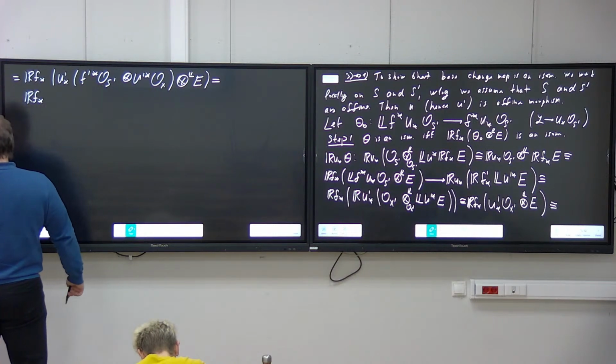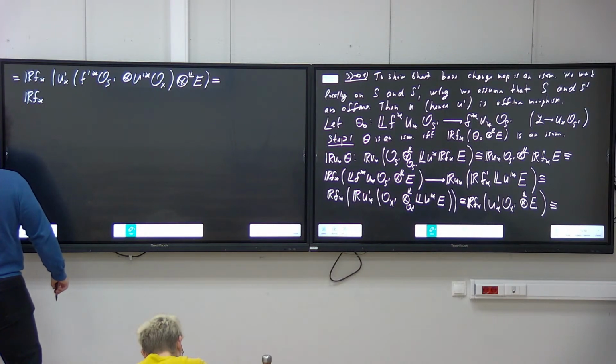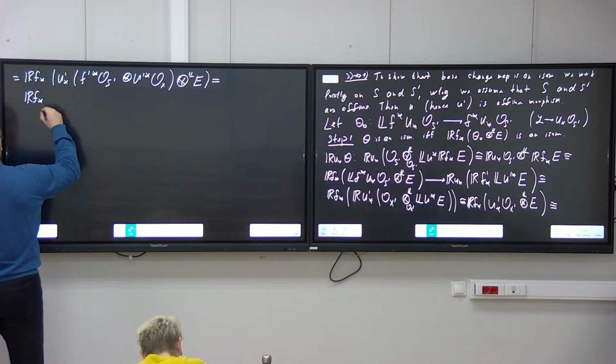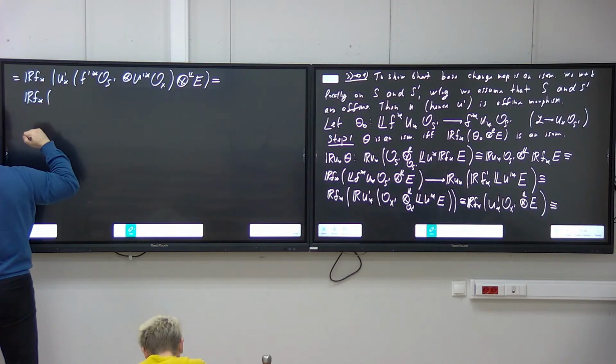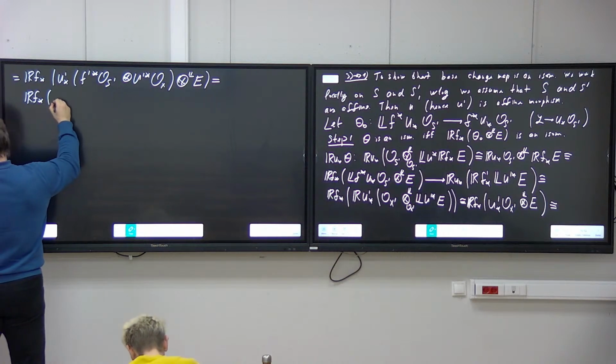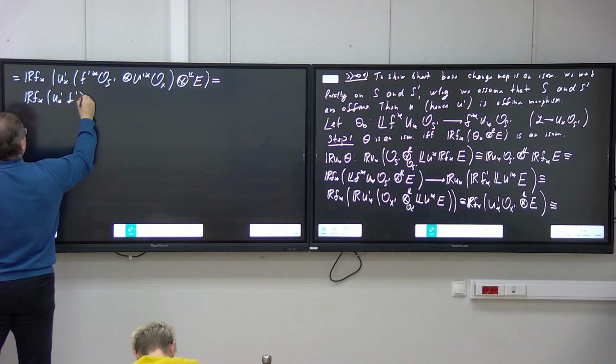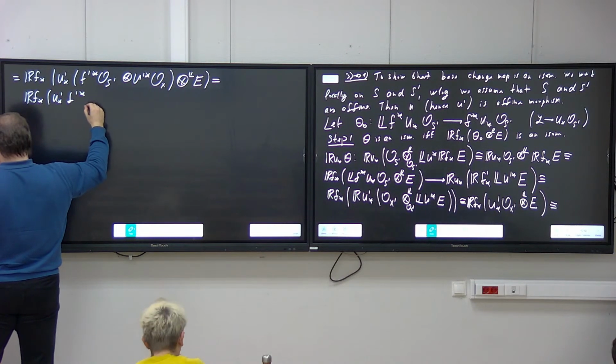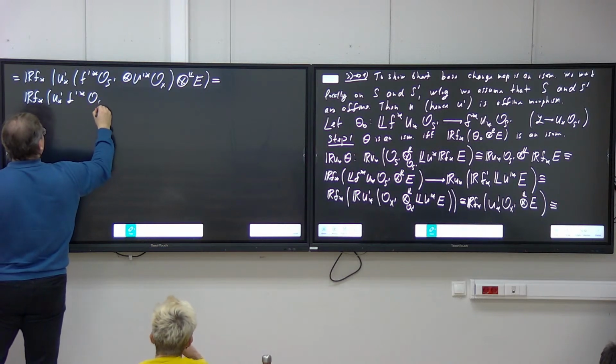Then the next step; we're almost done. There are two steps left. One step I don't want to prove, so I assume that you know this from algebraic geometry. On this step, I just rewrite this formula as follows: U prime lower star, F prime upper star applied to the O S prime.